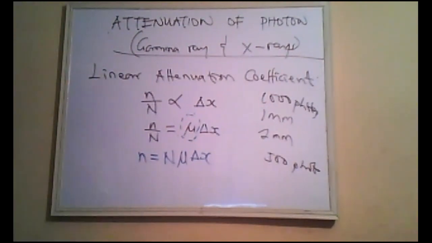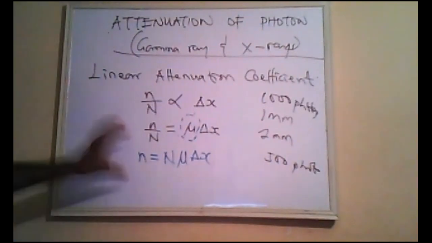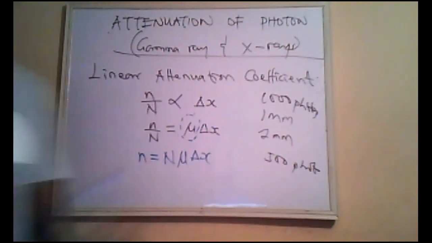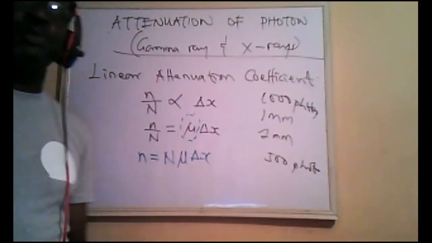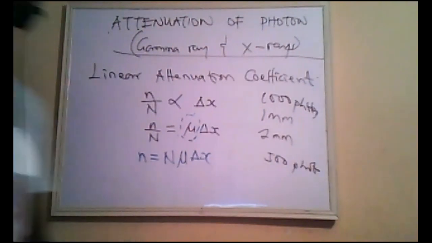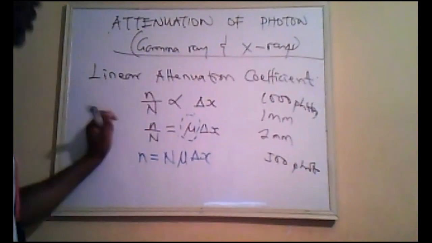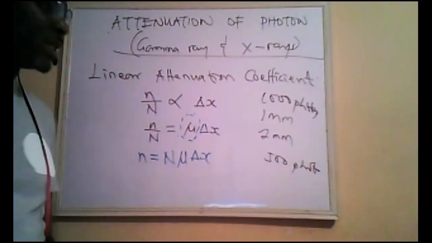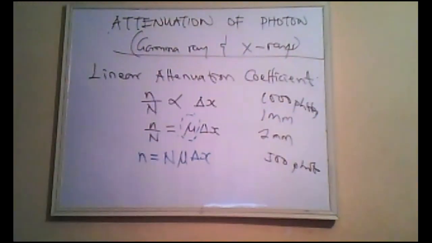At times, it is not as straightforward as this. This equation is only valid when delta S is very small, when we are talking of a material whose thickness is very small. But when the thickness becomes large, this equation no longer holds.